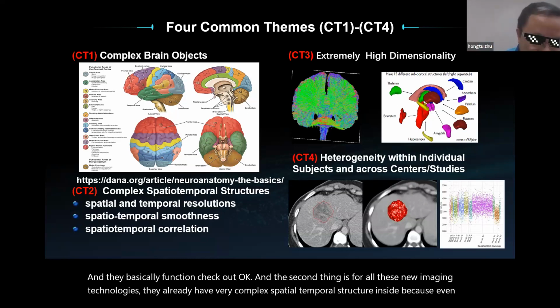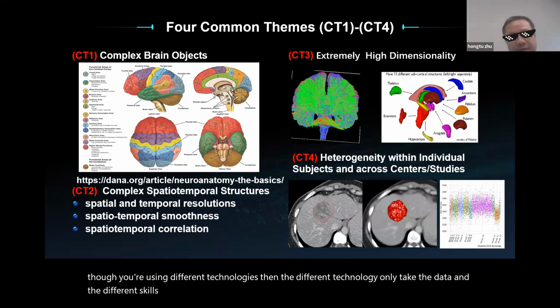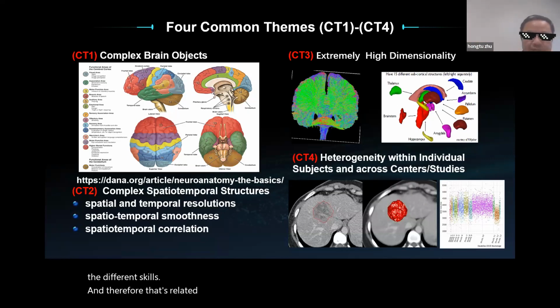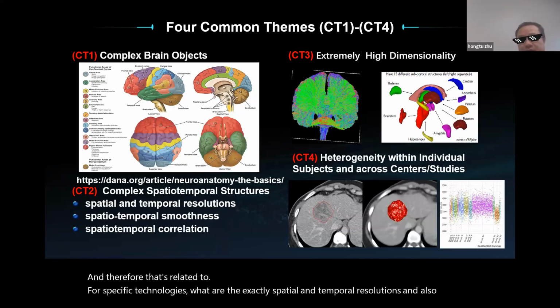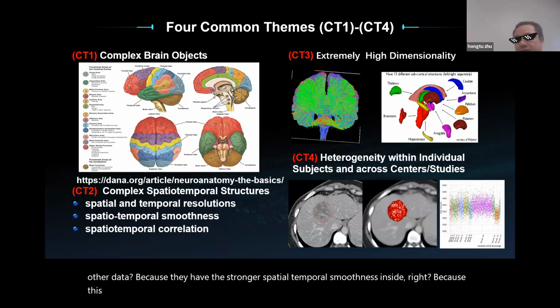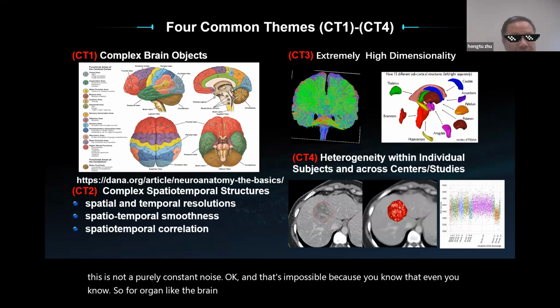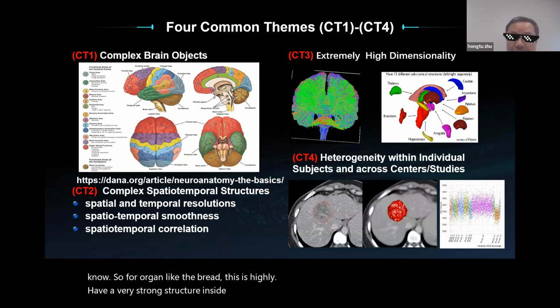Even though you're using different technologies, each technology only takes the data at different scales. Okay, and therefore it's related to what exactly the spatial and temporal resolutions are for specific technologies, and also the data have strong spatial temporal smoothness inside. Okay, because this is not purely Gaussian noise. For an organ like the brain, there is a very strong structure inside, and also spatial temporal correlations.